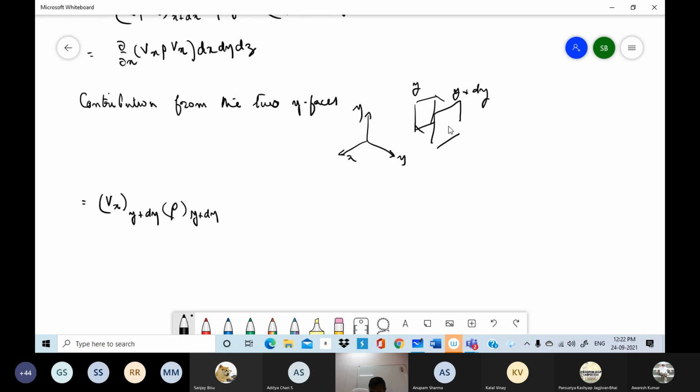The dA element has unit normal in the positive y direction. So the part of v which will contribute to the scalar product will be Vy with a positive sign into the area, which is dx into, sorry, this is z, dx into dz.